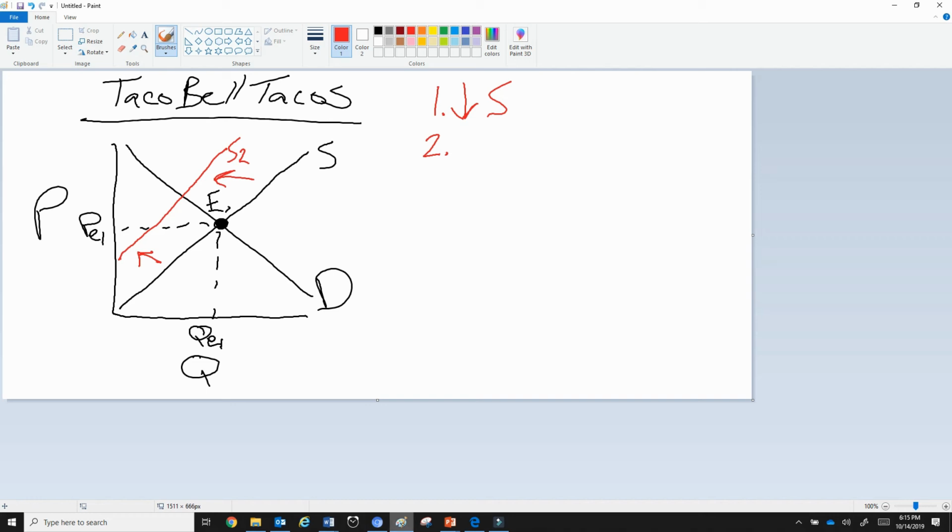So at this point, I'm pretty sure you've gone back, looked at the determinants of supply, and decided this definitely looks like producer expectations. We expect, as producers, that people are going to either get sick or not enjoy these tacos. So we probably should stop supplying them. So we're going to say that this is producer expectations.